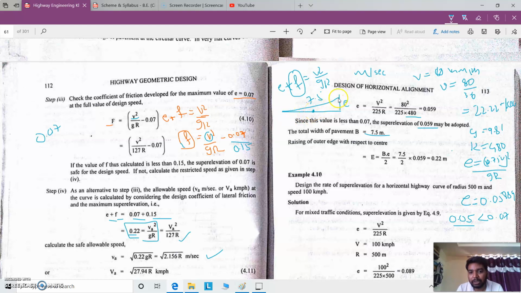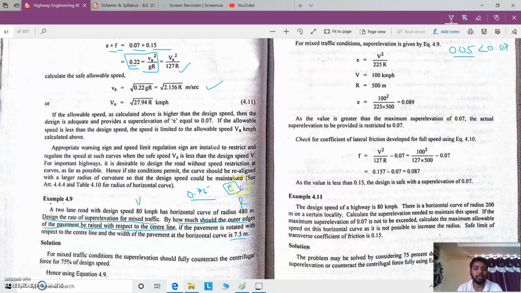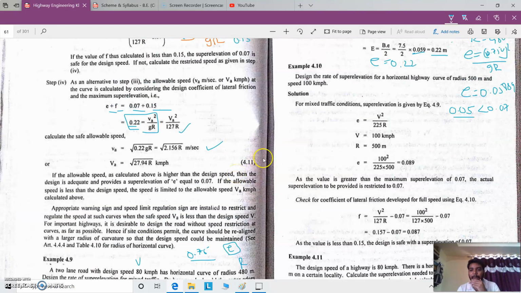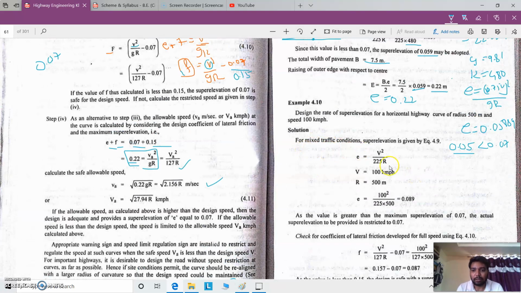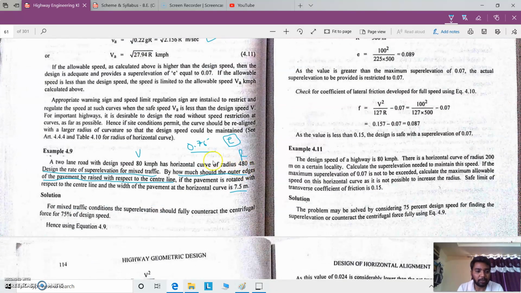From this point how much center rise can be considered, right? So 7.5 by 2 into the obtained super elevation, that is the rise that can be provided when the pavement is rotated at its center line. If it is not rotated about the center line, then the super elevation will be provided as 0.059, and it is considered for the mixed traffic condition, right? And this much is asked in this problem, right?